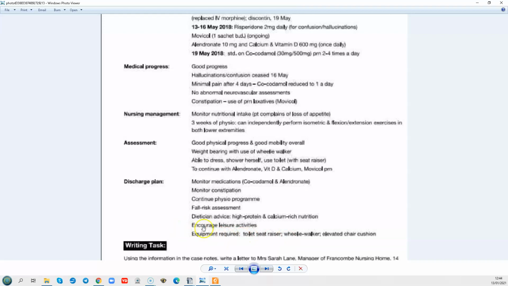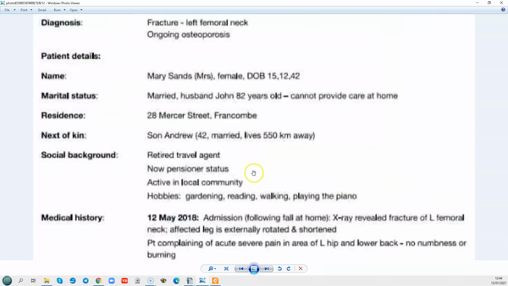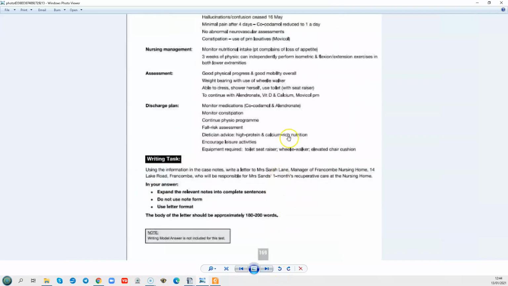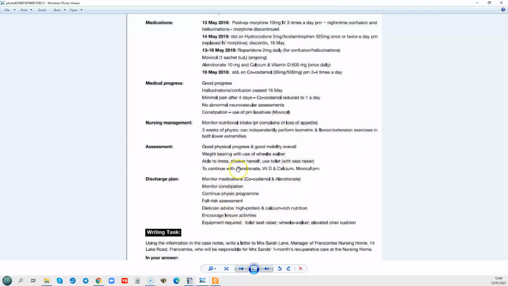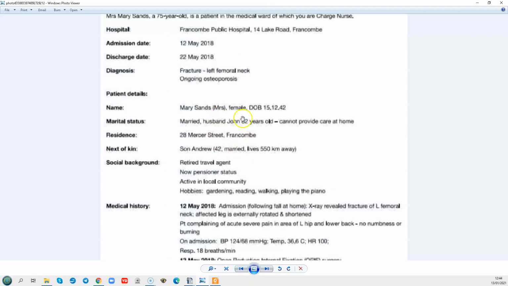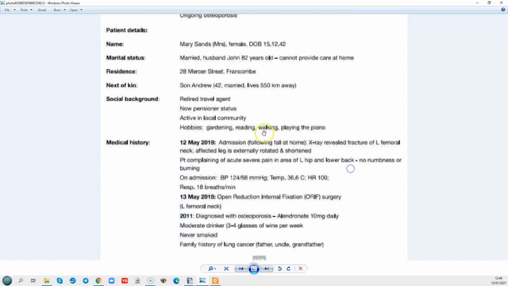She needs to be encouraged in leisure activities. I mean, it mentions these: gardening, reading, walking. So maybe these things might be mentioned, perhaps, yeah? So we need to know this, but we don't really need too much of this. One or two things here that we might include, but a lot of this stuff we don't really need, or we don't need it that high up in the letter.